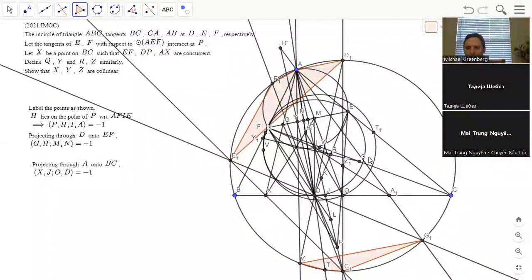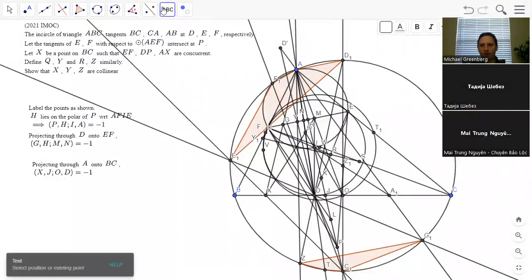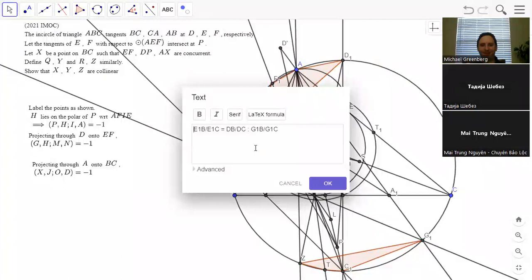E1B over E1C is DB over DC times G1B over G1C. Wow, this is amazing, this solution. This is incredible.